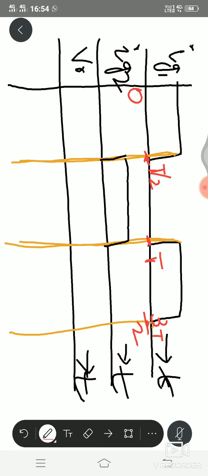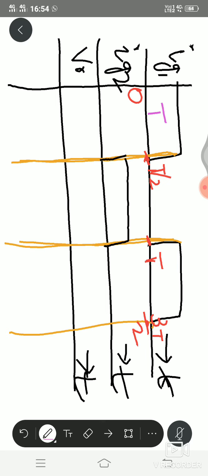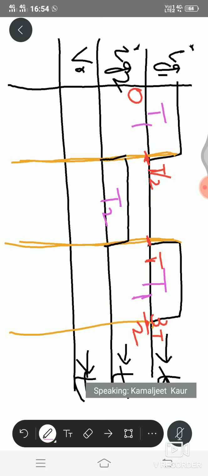So one thing you can write over here. During this time T1 is fired and here T2 is fired. I think now it will be clear to all of you. So 0 to T by 2, case 1, T1 is fired, T by 2 to T, T2 is fired, T to 3T by 2, again T1 will be fired. This way the cycle will keep on going.